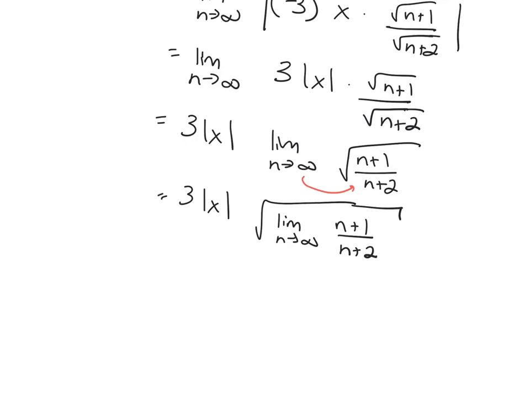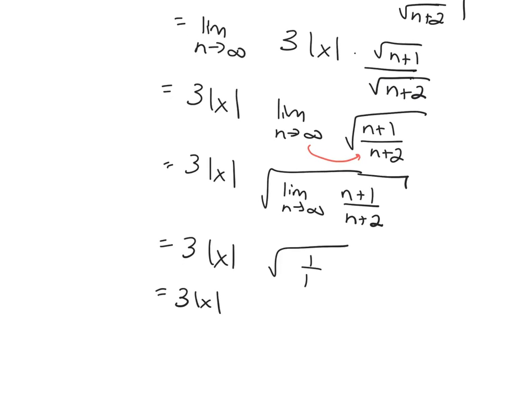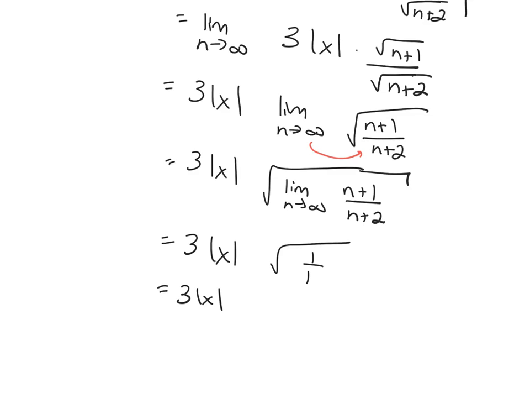In this case, it's 1 over 1. You'll get the same thing though if you use L'Hopital's rule. So this is what I get out when I calculate this limit: 3 times the absolute value of x.